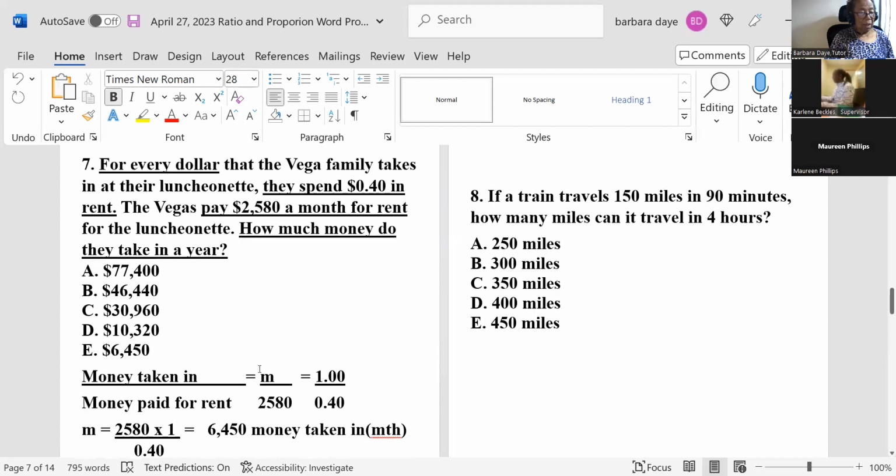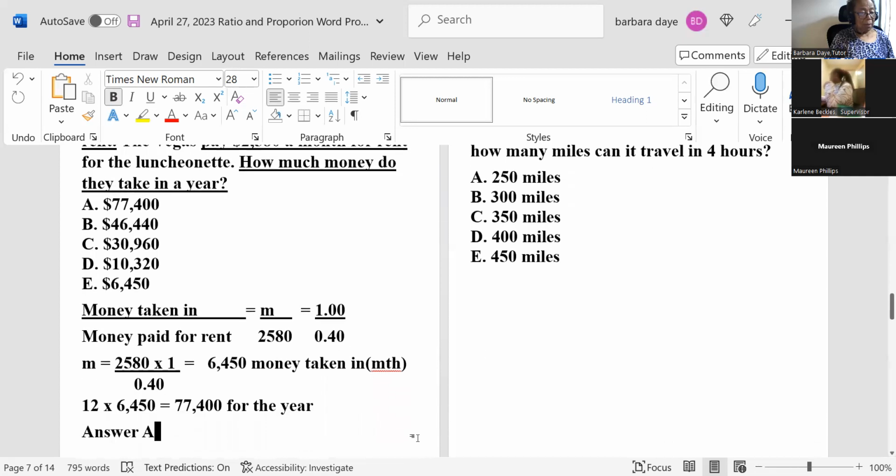So this M would be how much they took in for the month. 6,450 is one of the answers, but that's not what they ask. They said, how much money do they take in a year? So once you get the amount they take in for a month, you multiply that by 12 to get the amount they take in for the year. Like I say, if you set this up, money taken in divided by money paid for rent, that's what you're looking for, money taken in. So when you take in a dollar, you pay 40 cents for rent.